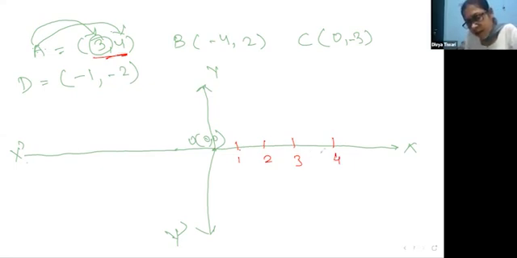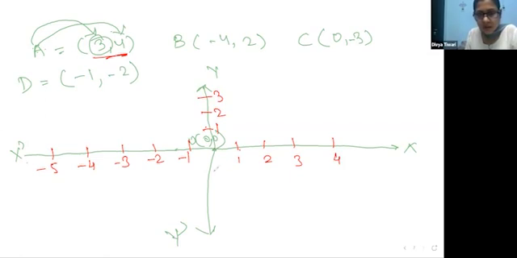It's not like there is more distance between 3 and 4. It should be equal, okay? So here -1, -2, -3, -4, -5, and so on. Here plus 1, plus 2, plus 3, and here I take minus 1, minus 2, minus 3.